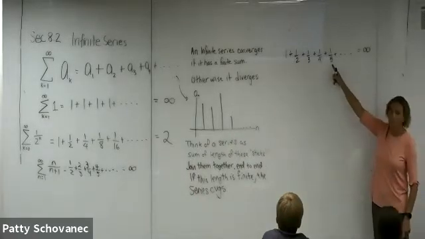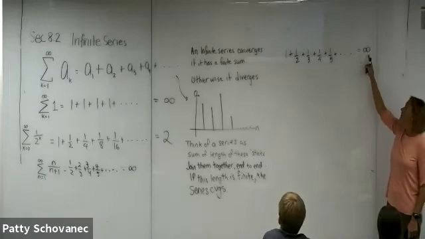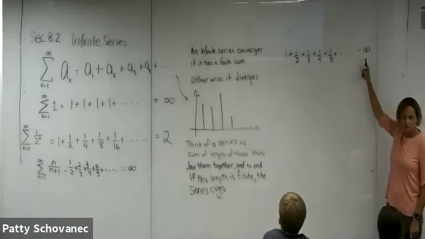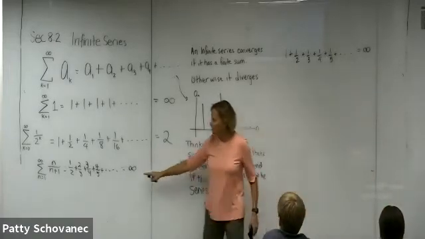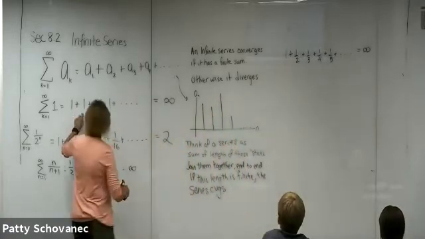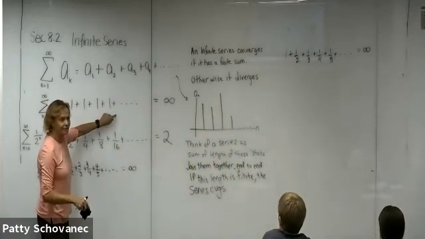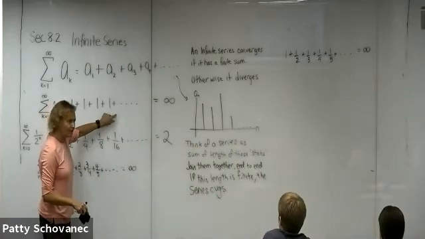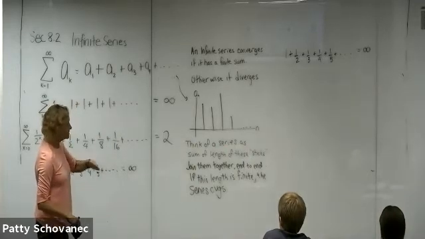Getting terms that eventually peter out to 0 doesn't guarantee convergence. But if the terms don't, then by gosh, it doesn't have a chance of converging. You have to start adding a bunch of zeros at the end to have a chance to converge.